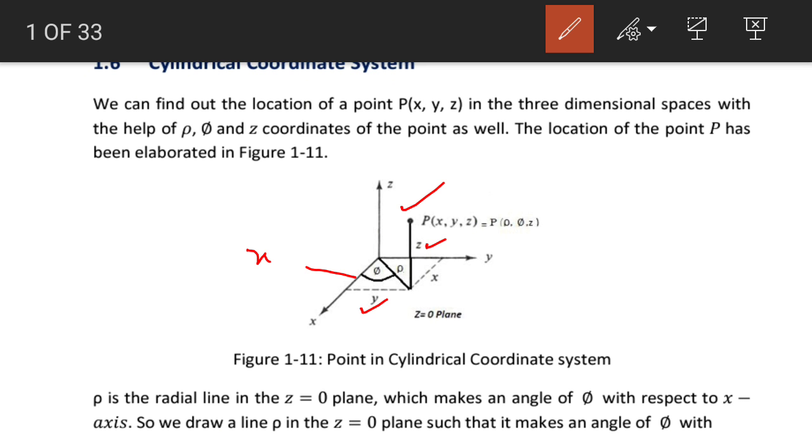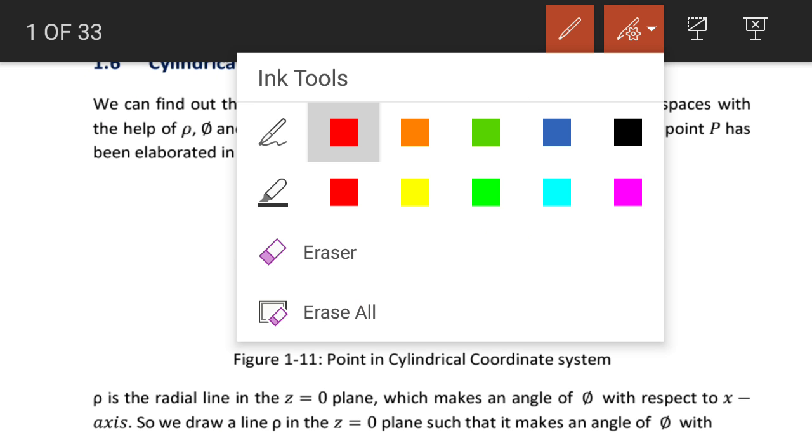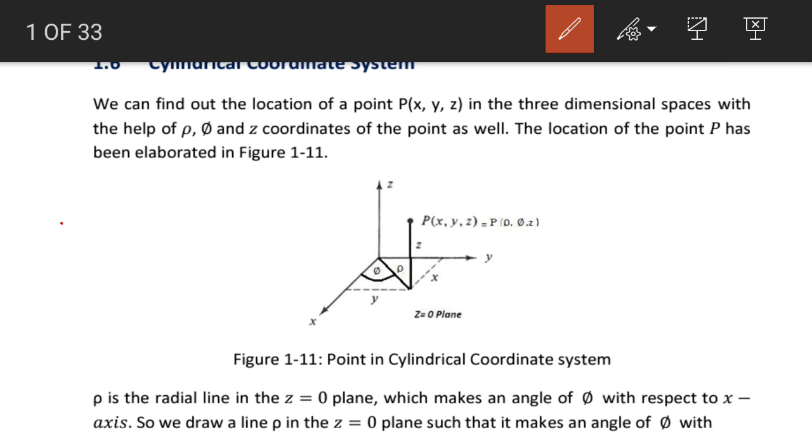Similarly, we can consider the same point in the cylindrical coordinate system. In order to consider the same point in the cylindrical coordinate system, we need to know the rho, phi and z coordinates of this point. If we know these three coordinates, we can draw the same point P in the cylindrical coordinate system as well.